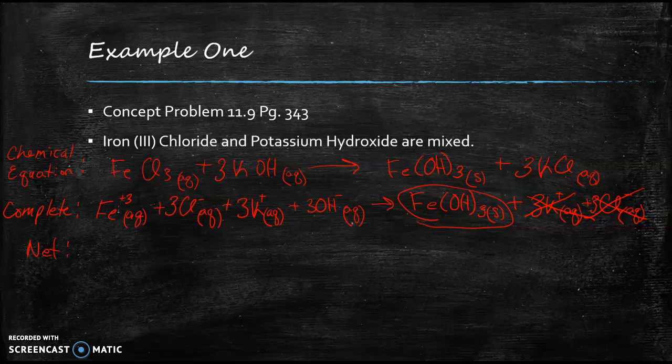We're then going to look on the reaction side for potassium and for chlorine and cross them out on the reactant side as well. This leaves us with iron ion, hydroxide ion, and iron 3 hydroxide precipitate. We rewrite them to form our net equation.